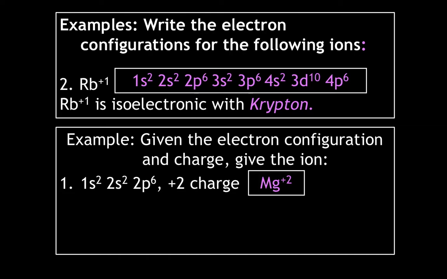This tends to confuse the kids, but you can just add 2 here, okay? Because we are working backwards now. We are not given the ion and doing the electron configuration. We are actually given the electron configuration, and we have to decide what the ion is. So we're backwards. So you actually keep the sign if you're trying to figure out the ion.